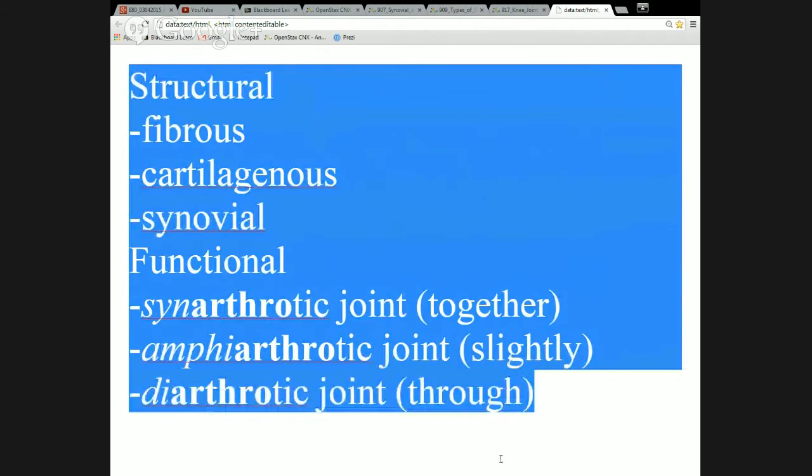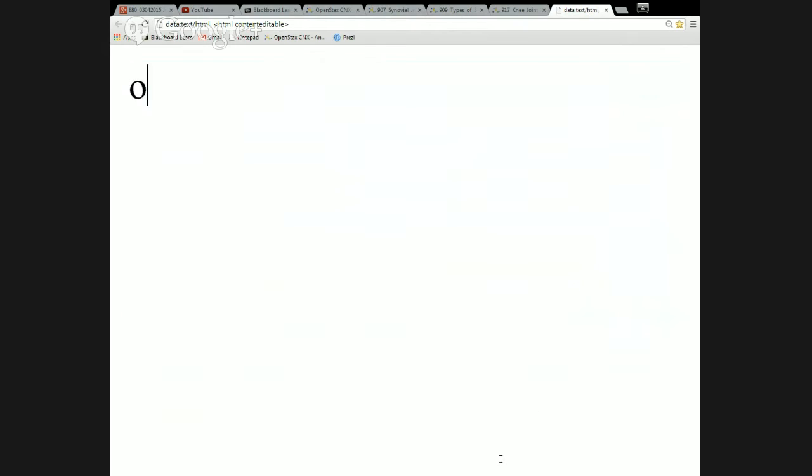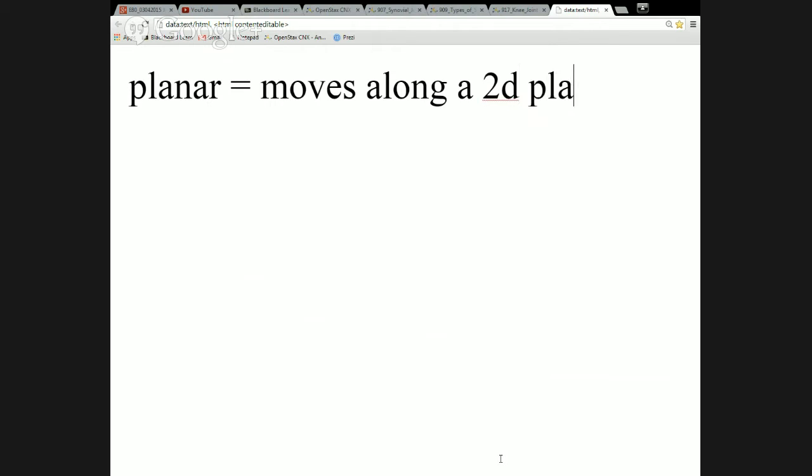the joints are classified by how they move. We have a planar joint, which means that it moves along a two-dimensional plane.